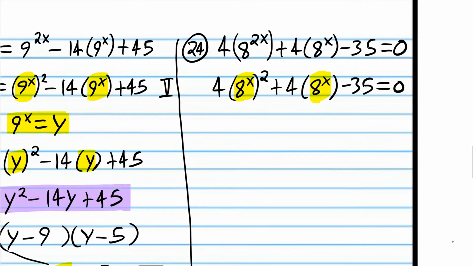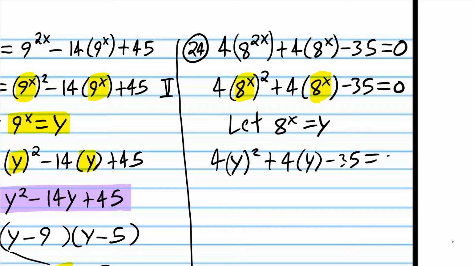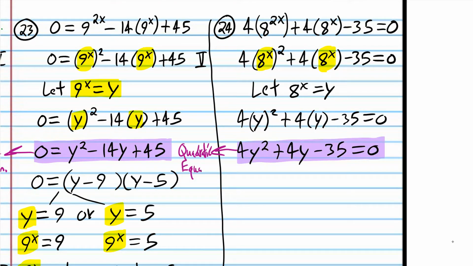So now we're going to let 8 to the x be y. And we have 4y squared plus 4y minus 35 equals 0. And we can get rid of those parentheses. We don't really need those. And we see now that we have a quadratic equation, and it requires special methods to solve.